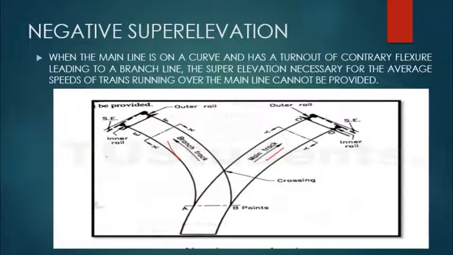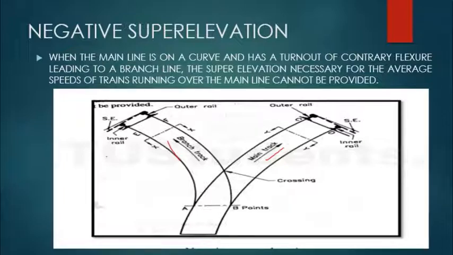When the main line is on a curve and has a turnout of contrary flexure leading to a branch line, the super elevation necessary for the average speeds of trains running over the main line cannot be provided.